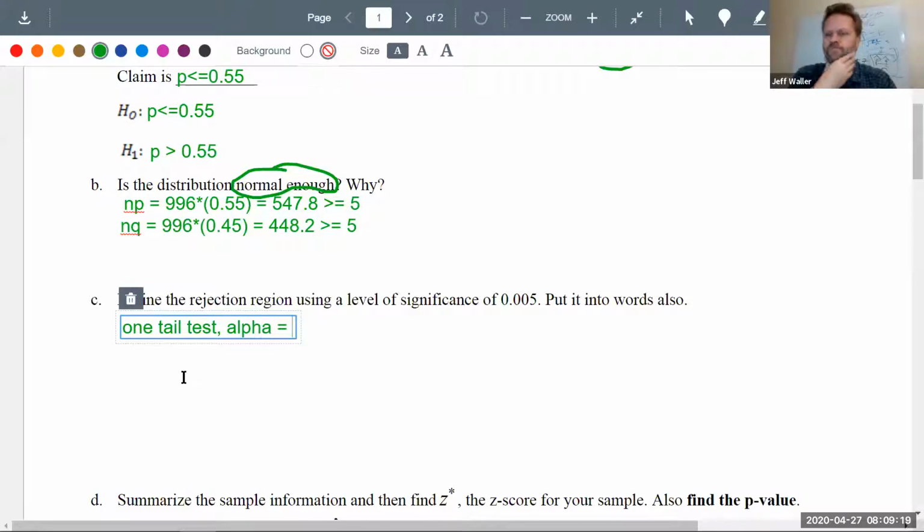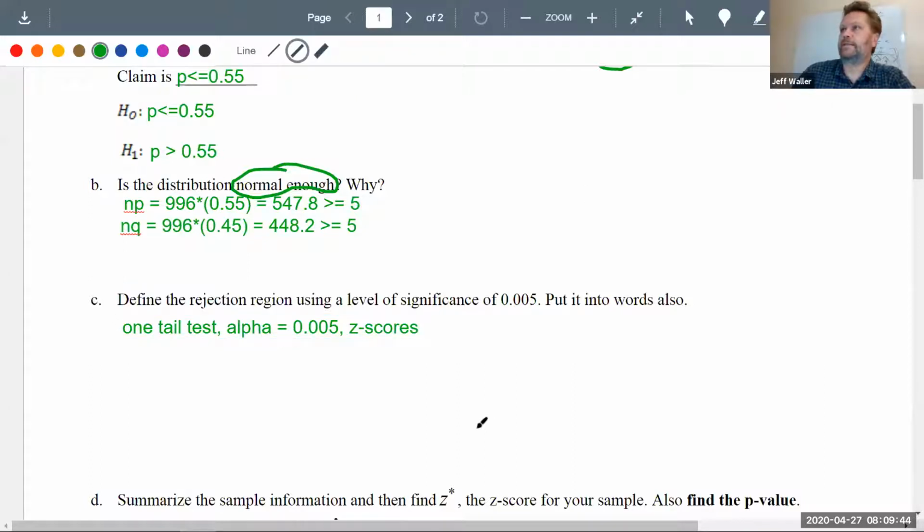What is alpha? Yes. So 0.005. We can use z-scores. Can you please look that up on your chart? Please tell me what that z-score is. Please. I'm being so nice.